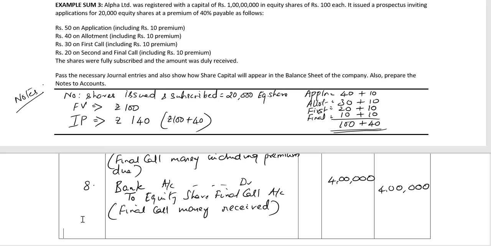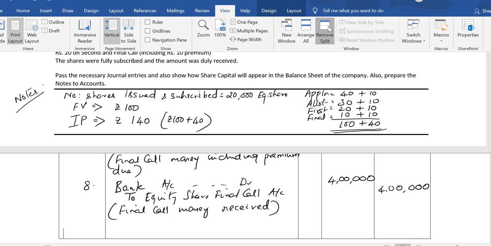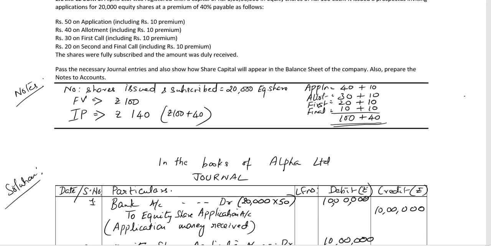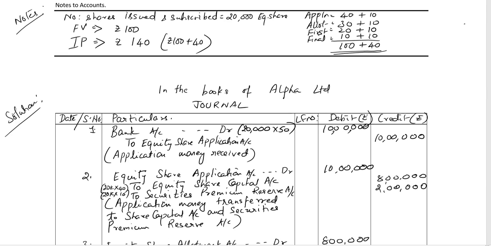So we've completed the journal entries. We'll have a look at the journal entries from the beginning before we go on to preparing the balance sheet and the notes to accounts for share capital. So that's the example sum on top. A few notes we prepared and then continued with journal entries.